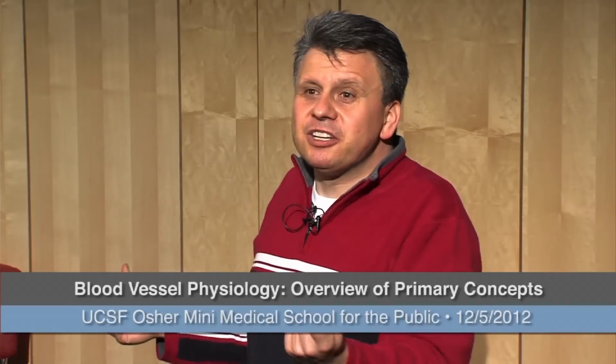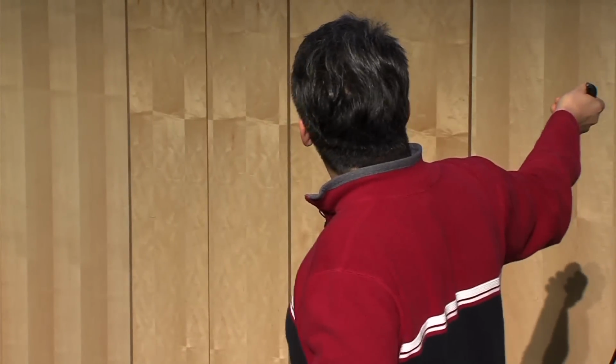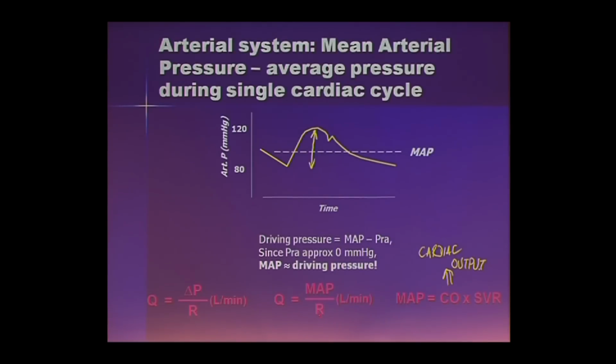In this case, liters per minute is typically what we use for cardiac output. And then we have SVR, which stands for systemic vascular resistance. R is resistance in this formula. SVR is systemic vascular resistance, which means all the total resistance to blood flow starting from the aorta and ending in the right atrium.